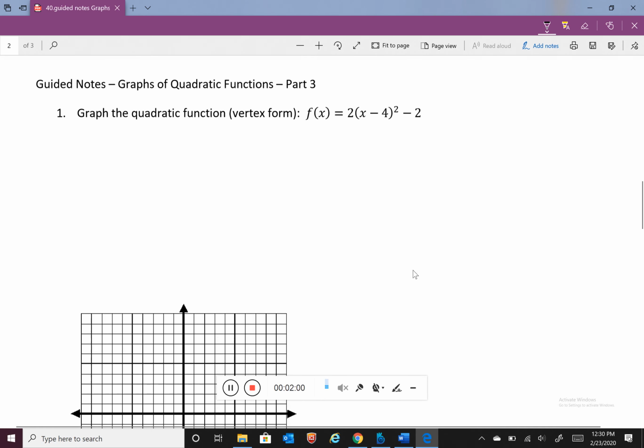Our first example is in vertex form. And notice that a is 2. A is positive, therefore this parabola will open upward.